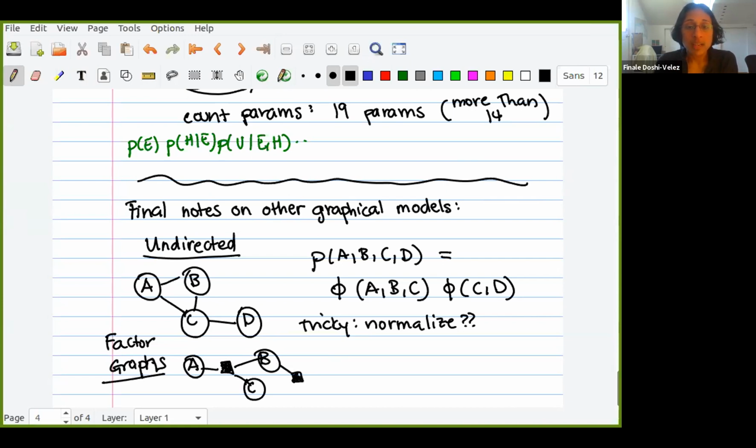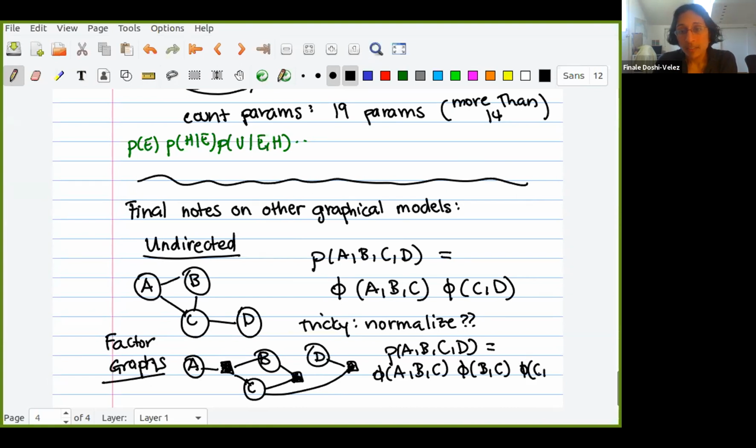Maybe B and C have another factor that they interact through. And then C interacts with D through another factor. So this says that P of A, B, C, D is equal to some phi of A, B, C, times phi of B, C, times phi of C, D.